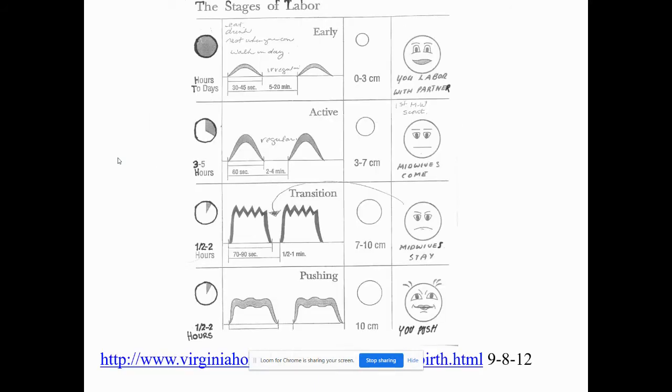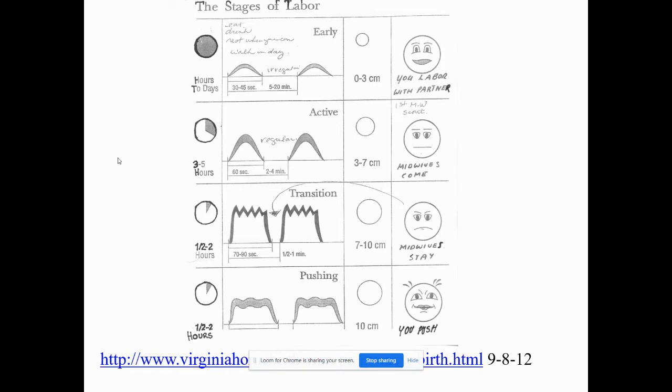This is a diagram that midwives like to use, and it's a nice one. It gives families, patients, kind of a visual on what's going on in the stages of labor and how long each can take. For instance, early labor can take hours to days, and just like I said, the contractions are mild.